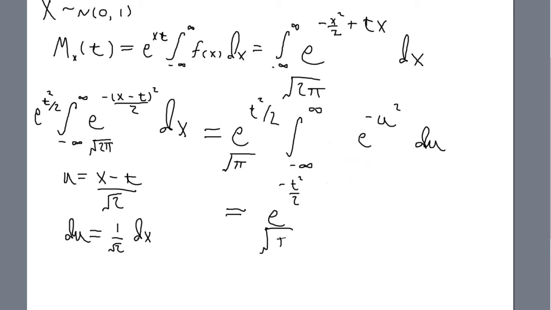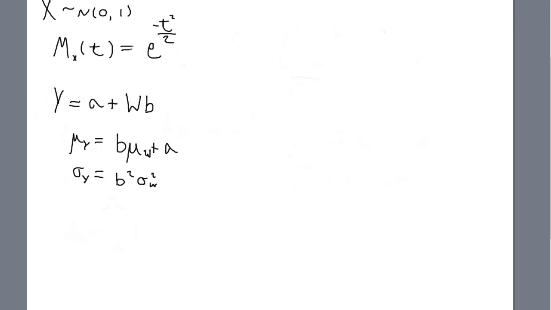Square root of pi times square root of pi, which means these cancel out and we have e to the negative t squared over 2, which is the MGF of the standard normal distribution. But now that we have this, let's erase everything and move this up here.